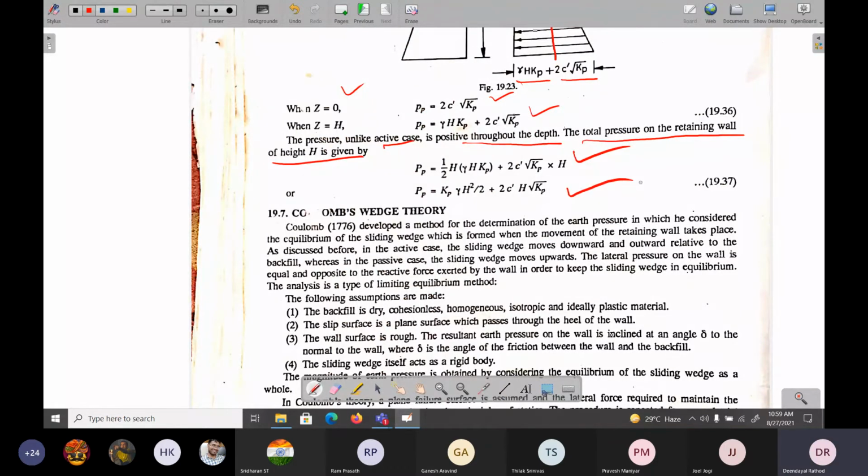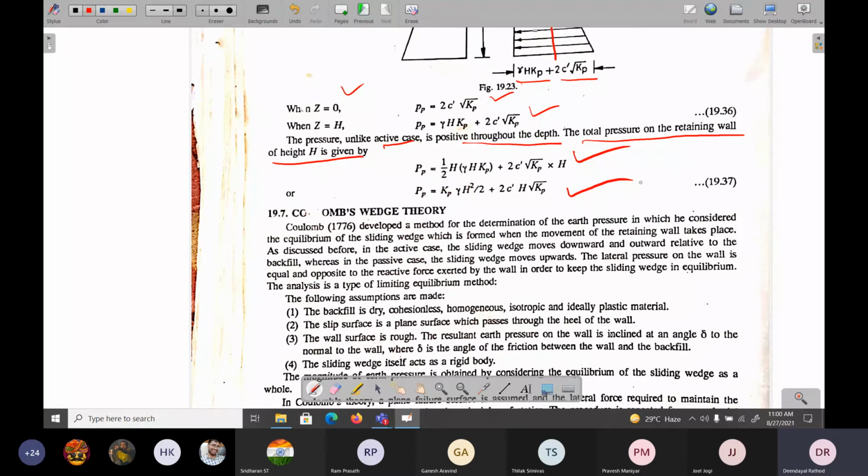Understood? So this is all the story about the active case and passive case, for a cohesionless soil and a cohesive soil. For a cohesive soil, we'll be having tension crack, unsupported height, and so on, in the active case. For a cohesive soil or a c-phi soil, for a passive case, we don't have this one.